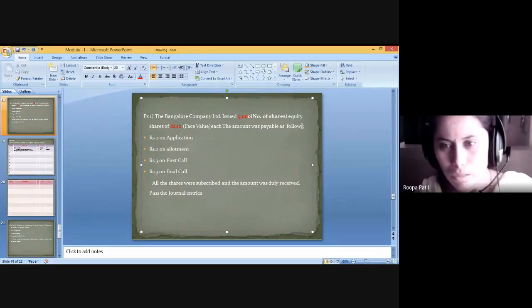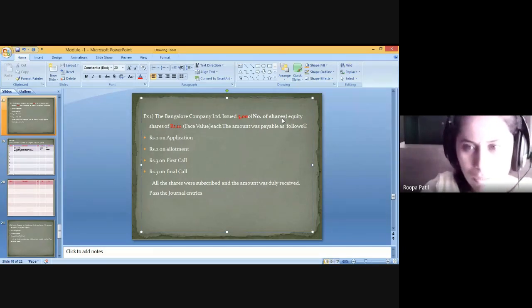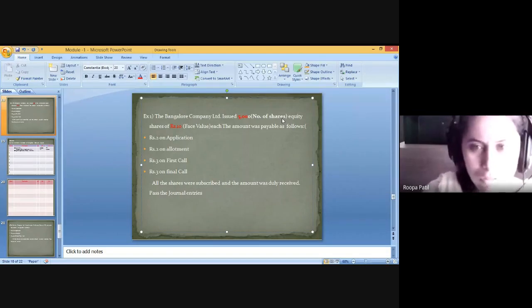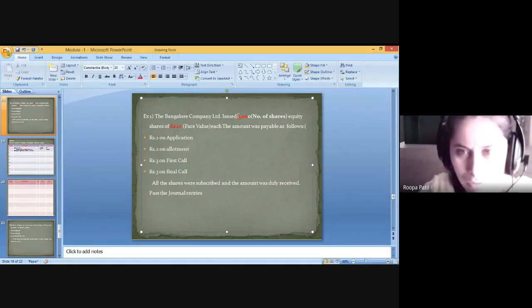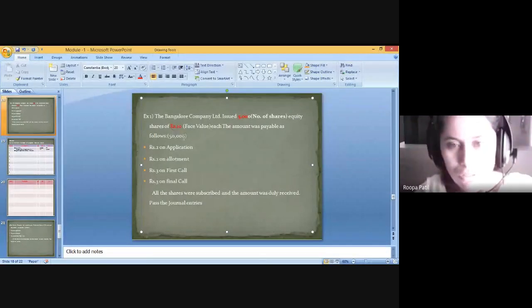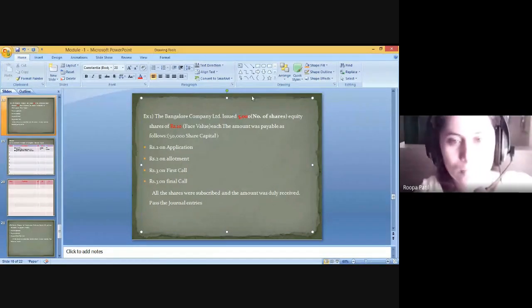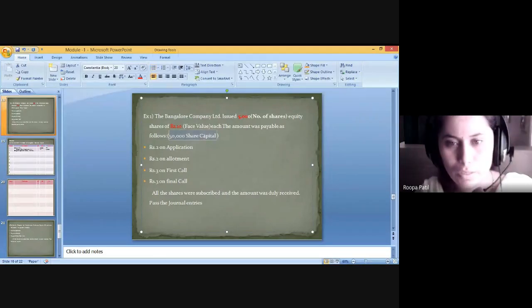So what is the share capital here? The number of shares is 5,000. 5,000 shares of rupees 10 each. 5,000 into 10 is 50,000. 50,000 is the share capital.